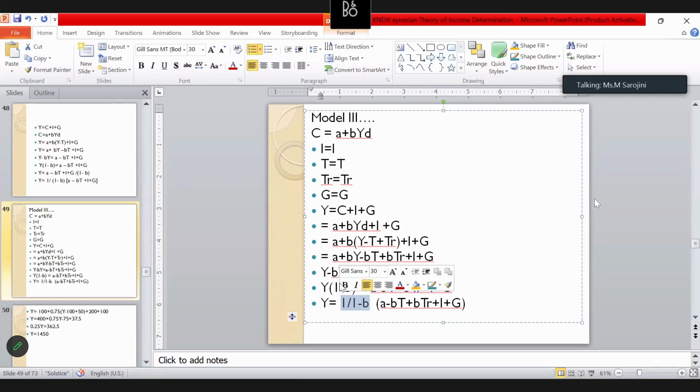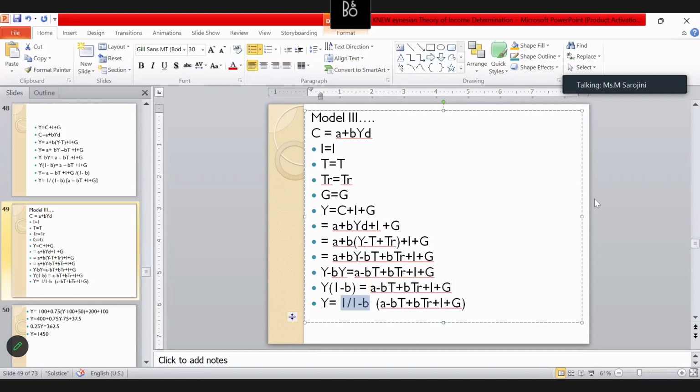Anyhow, we call this one the tax multiplier. You have to again concentrate under the three-sector model, right? Once we add the lump sum tax, the multiplier is the same as the investment multiplier, right?